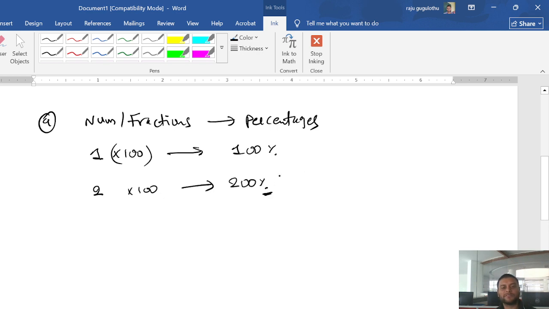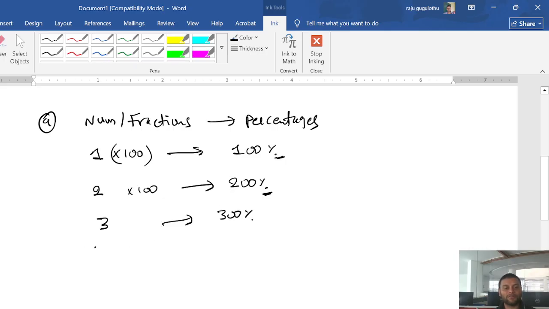We must keep the percentage symbol after the numbers, guys, else the value of the complete expression will change. That is mandatory. Similarly, if I convert 3 into percentage, it will be 300 percentage.